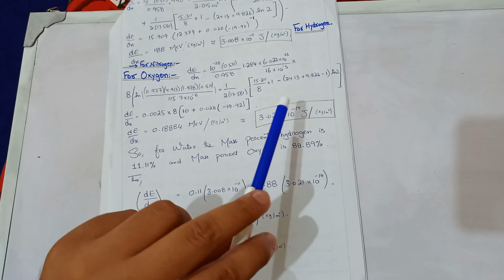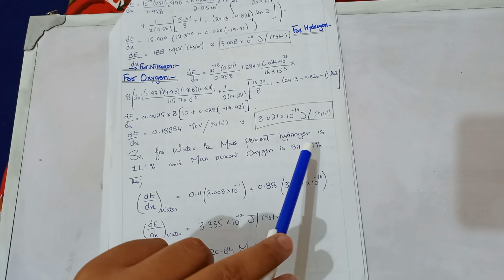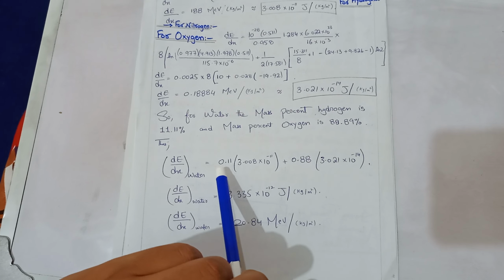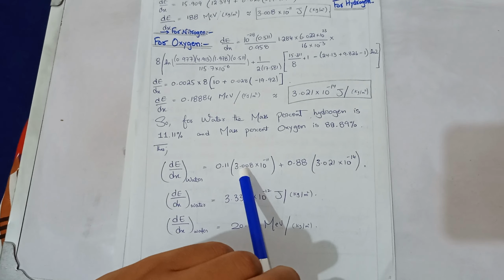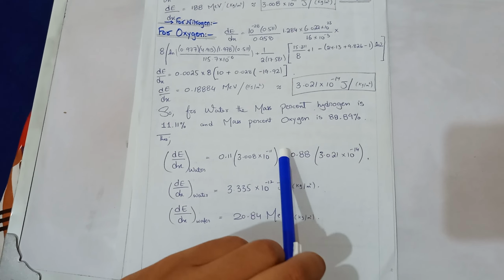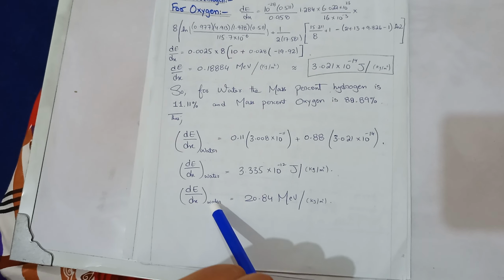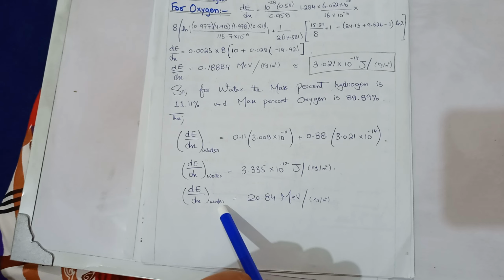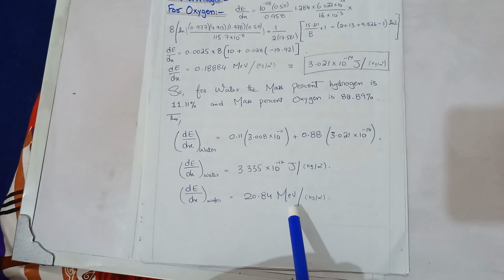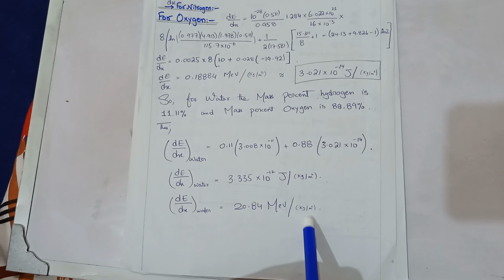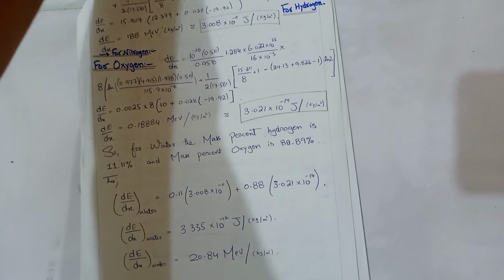So we have to multiply our answer with their percentages. 88.89 becomes 0.88 and 11.11 becomes 0.11. Just multiply with corresponding values and just add up. You will get your final expression. So your stopping power in water, when your electron is going inside the water, is 20.84 mega electron volts kg per meter square, okay.